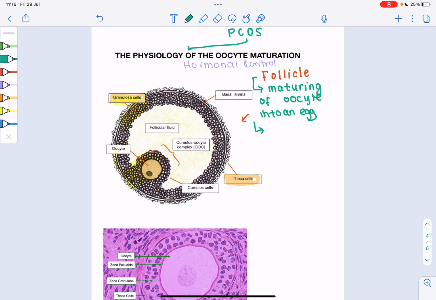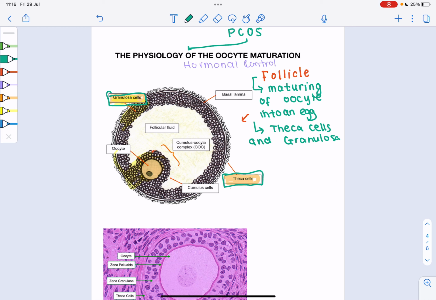It requires two parents who are both very motivated. So the parents here are the granulosa cells and the theca cells. They are the supportive cells of this follicle that, under the action of certain hormones, allow for this oocyte to mature.